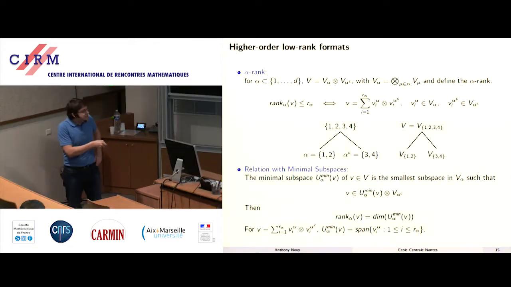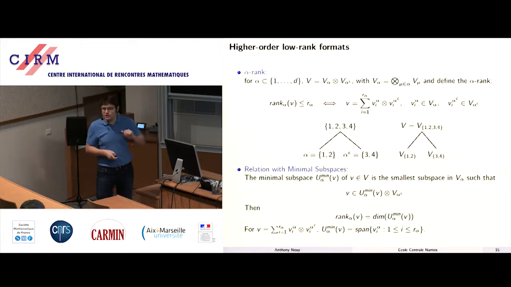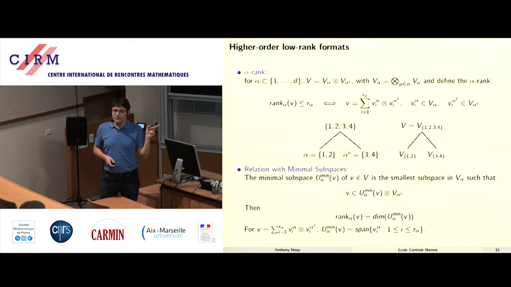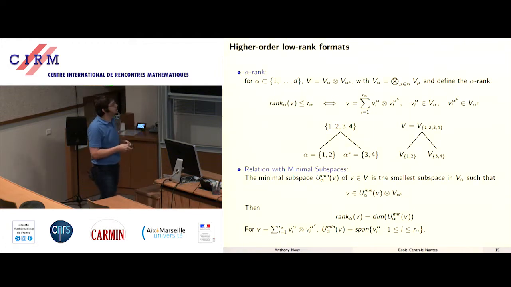So in terms of functions, it's the smallest subspace of functions of the variable x alpha such that V lives in this tensor product space. And the rank alpha of an element is nothing but the dimension of this minimal subspace. I will come later to this important notion, which allows you to understand the nice properties of this notion of rank, and that will provide good topological and geometrical properties to the low-rank approximation subset. I will come to this later.